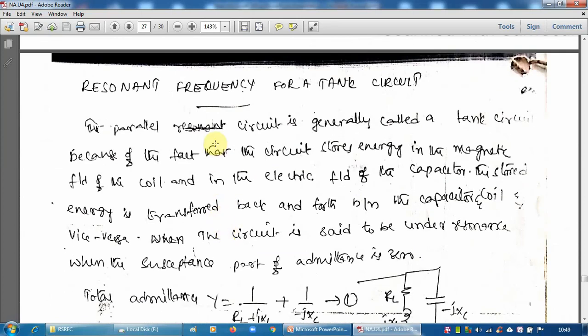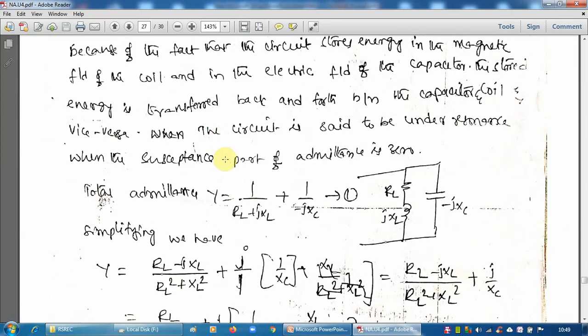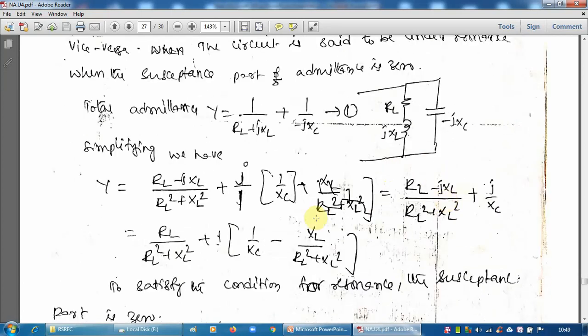Next, another type of practical circuit we have considered, where we take R and L in series, and a pure capacitor only C. For this circuit also, if you want to derive the expression for resonant frequency, same thing: express this as admittance, express this also as admittance, and for the total admittance, add this admittance and this admittance.